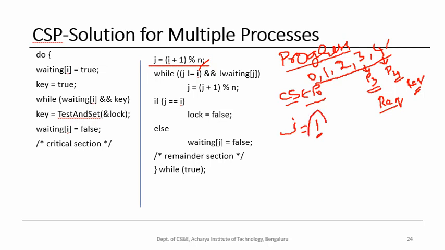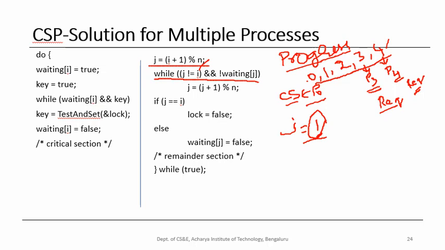Now is this the process which goes into the critical section? No, because it is not having any intent of going into the critical section. Therefore it cannot participate in the selection also. So therefore what happens? This while loop is executed. The first condition is true, j is not equal to i. That is true because i is equal to 0.